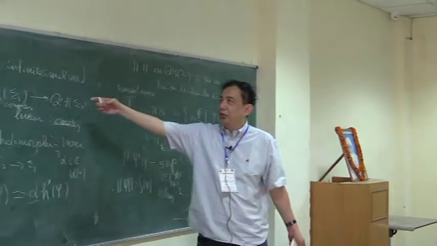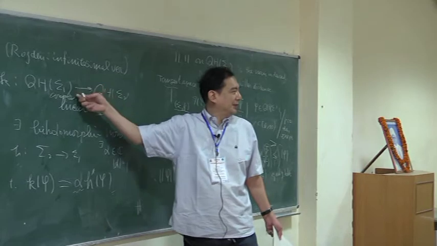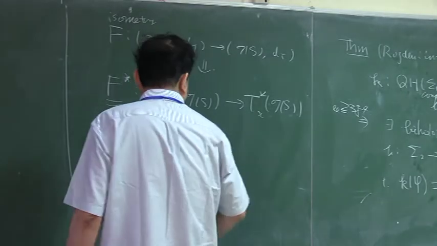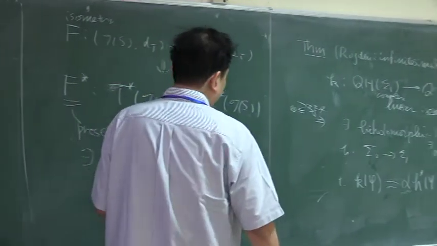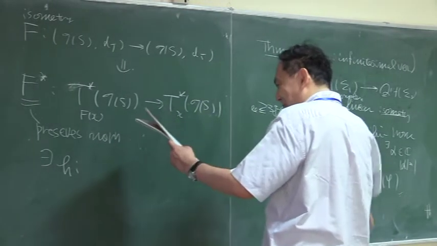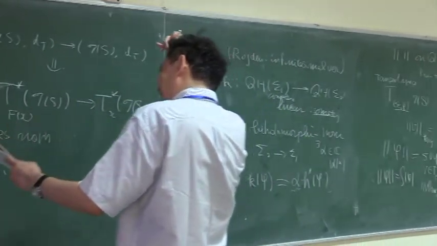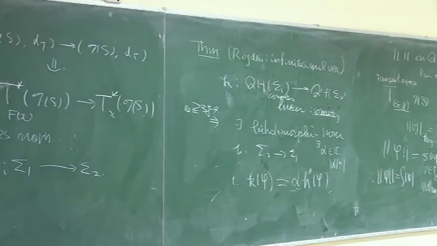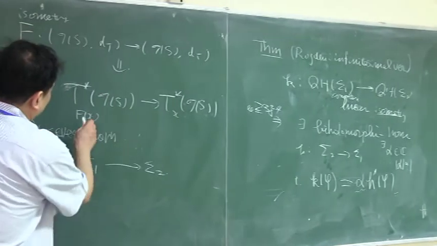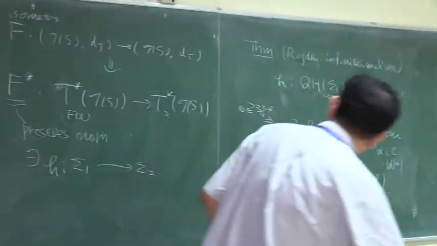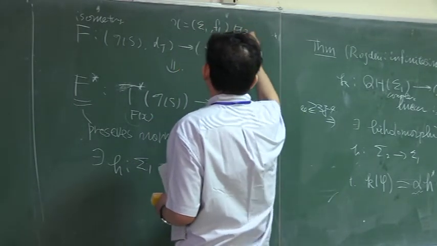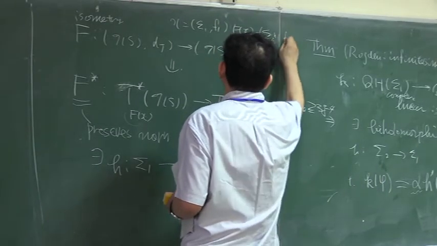And then you can use this theorem to show that there exists H. Well, I wrote from sigma 2 to sigma 1, but probably taking an inverse, now it's better to write it this way. Because now we have, sorry, that X is (sigma 1, F1), and we write f(X) as (sigma 2, F2).